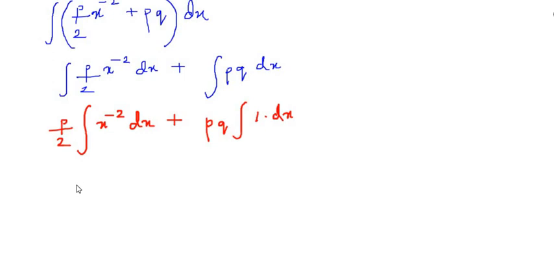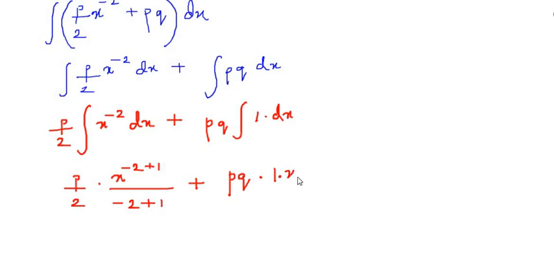Now let us integrate this. p over 2 times x to the power of negative 2 plus 1, over negative 2 plus 1, using the formula, plus pq. As I told above, the integration of any constant term gives x. So 1 times x is x itself, so it is not necessary to write 1 here.